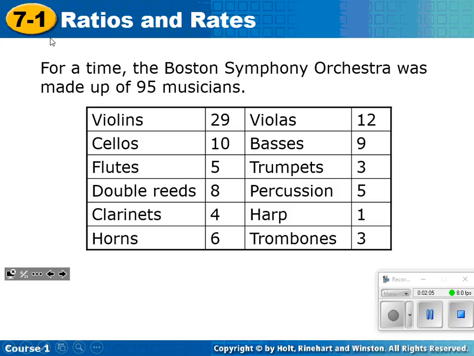What is the ratio of cellos to the orchestra? Sam. 10 to 95. All right.